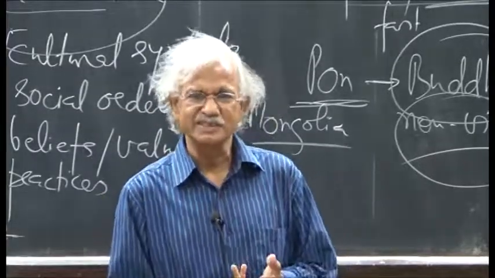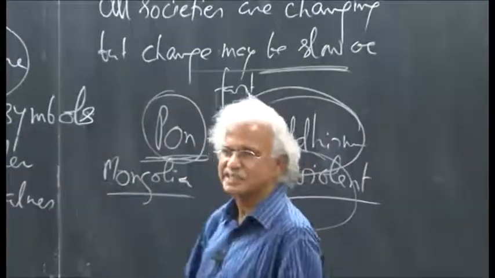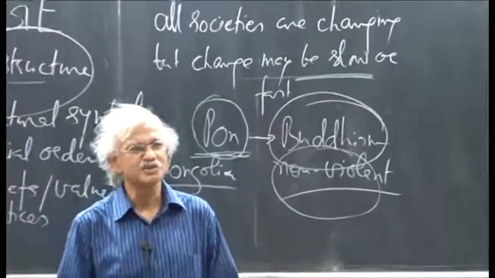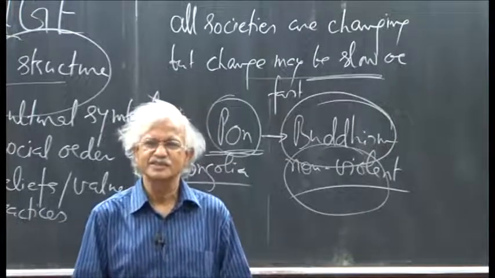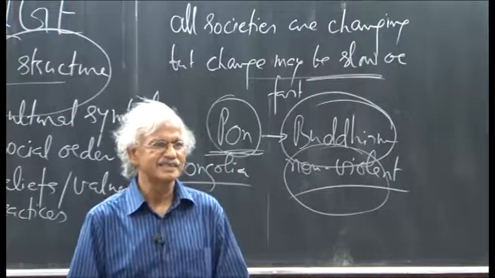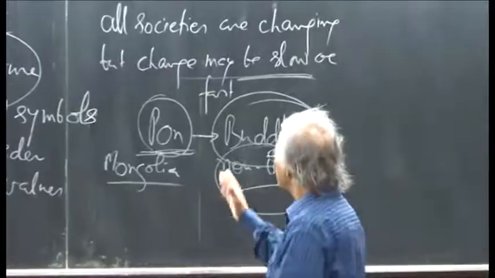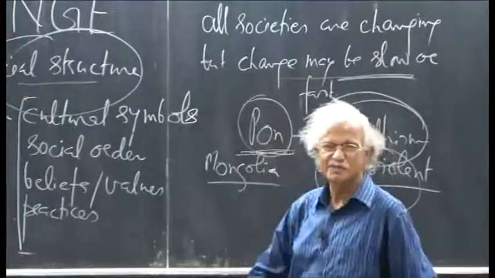There is one Buddhism which gelled very well with their original shamanic or Pon religion. Gods, goddesses, superstitions, supernatural beliefs, sacrifice, tantra, mantra, deities. There was one Buddhism of that kind, which gelled well with Pon.